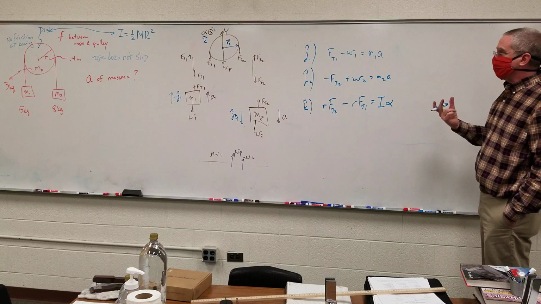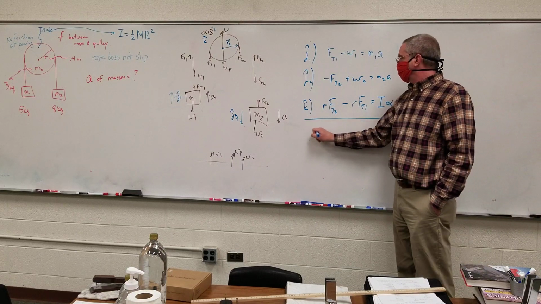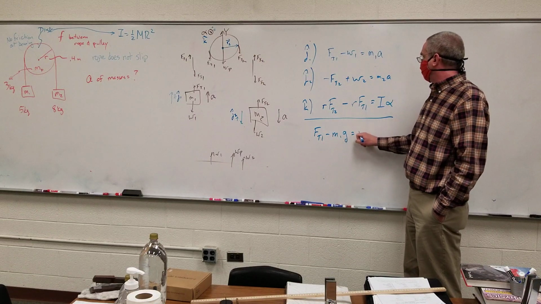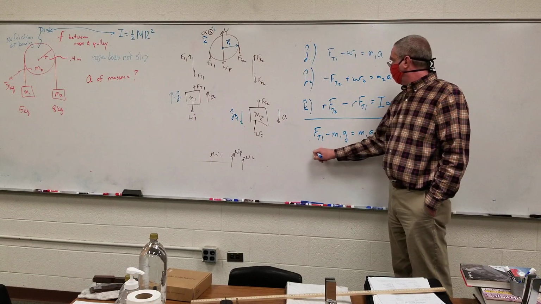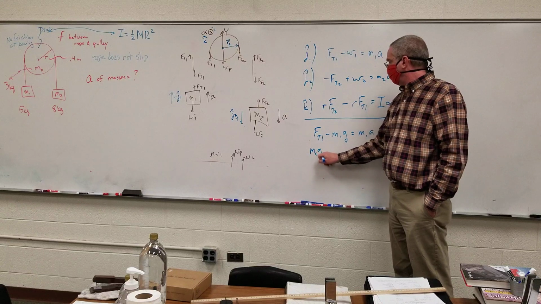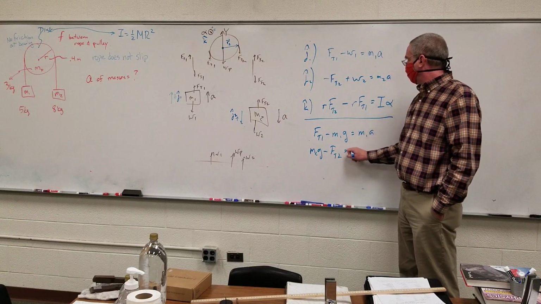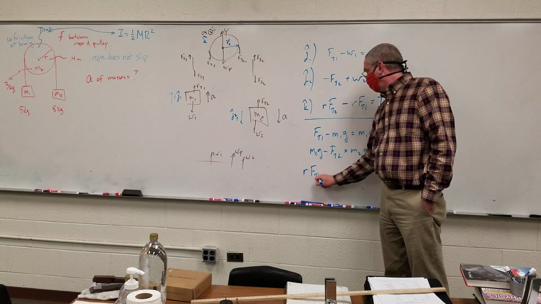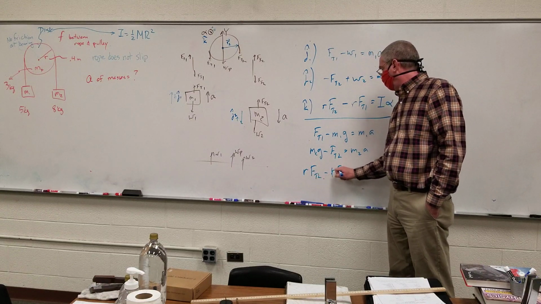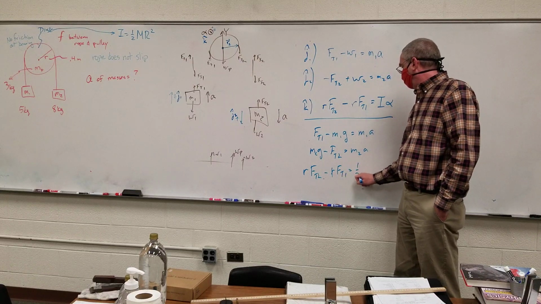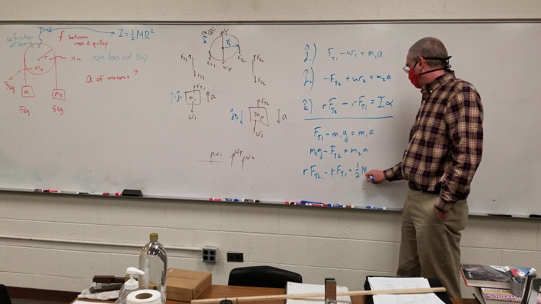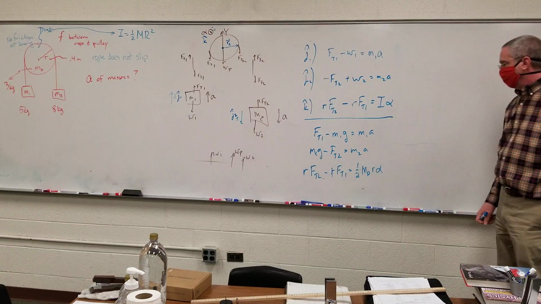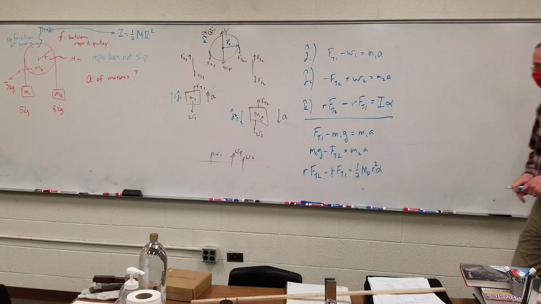All right, so substitution next. I have FT1 minus M1G is equal to M1A. I have M2G minus FT2 is equal to M2A. And down here, R FT2 minus R FT1 is equal to 1/2 mass of pulley times R squared times alpha.